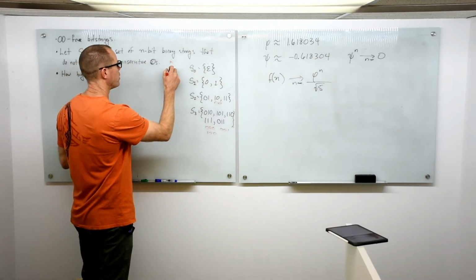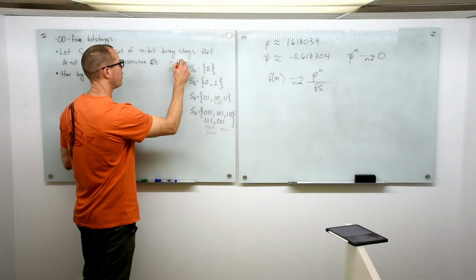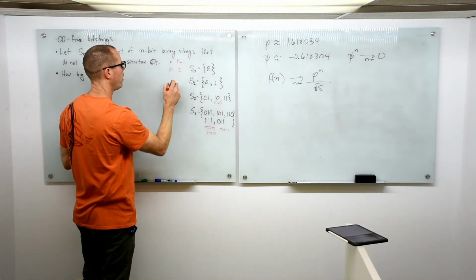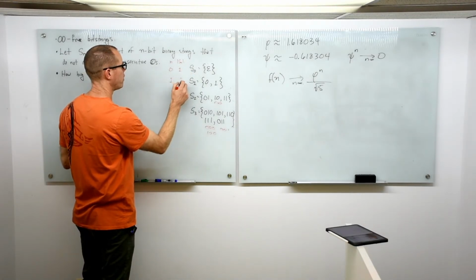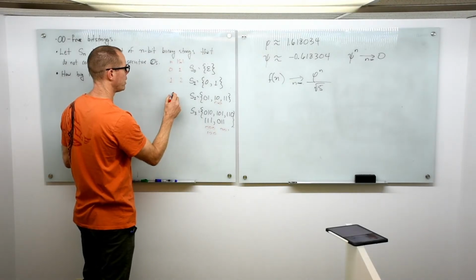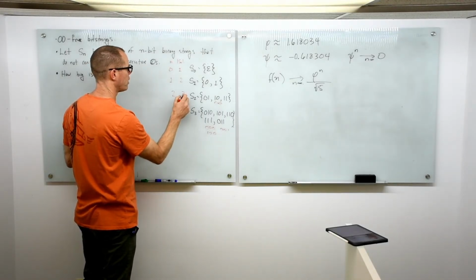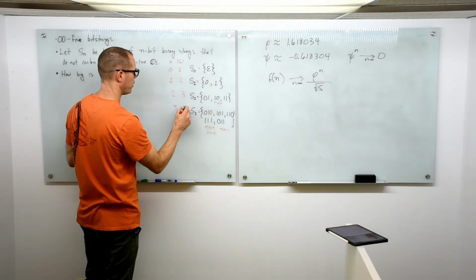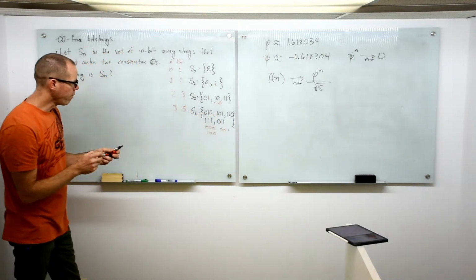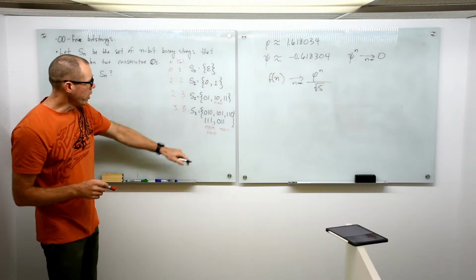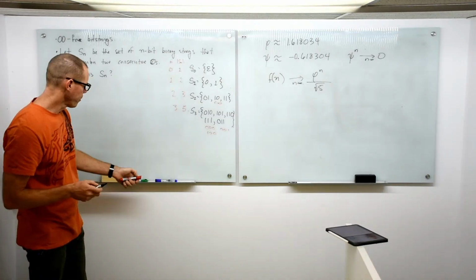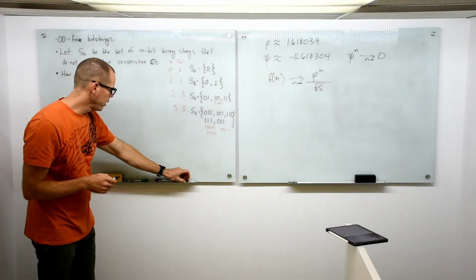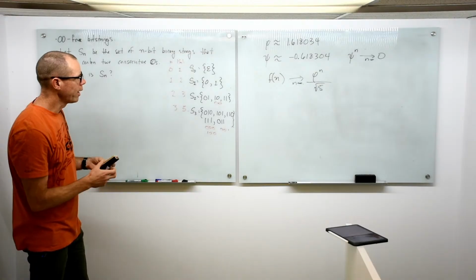When n equals 0, the size of S of n is equal to 1. When n is equal to 1, the size is equal to 2. When n is equal to 2, the size is equal to 3. And when n is equal to 3, the size is equal to 5. So there's some values that I know, and I could try and do S of 4 here. But we'd like to get this for the general case.